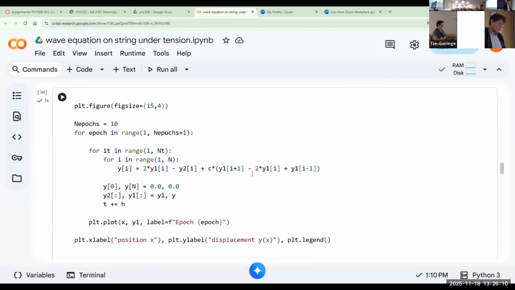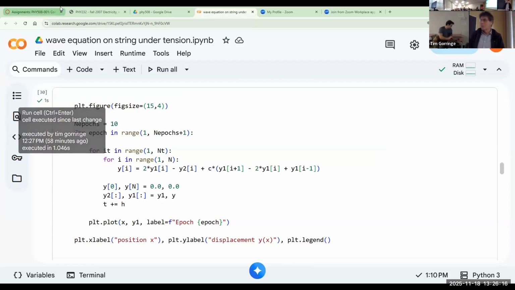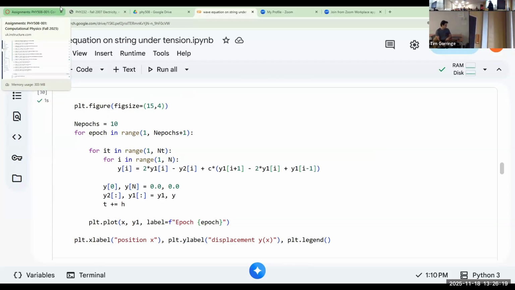In the next cell, I put in another loop. I've got 3 time elements going about. I've got the time increments, the time steps, which is 10 milliseconds.